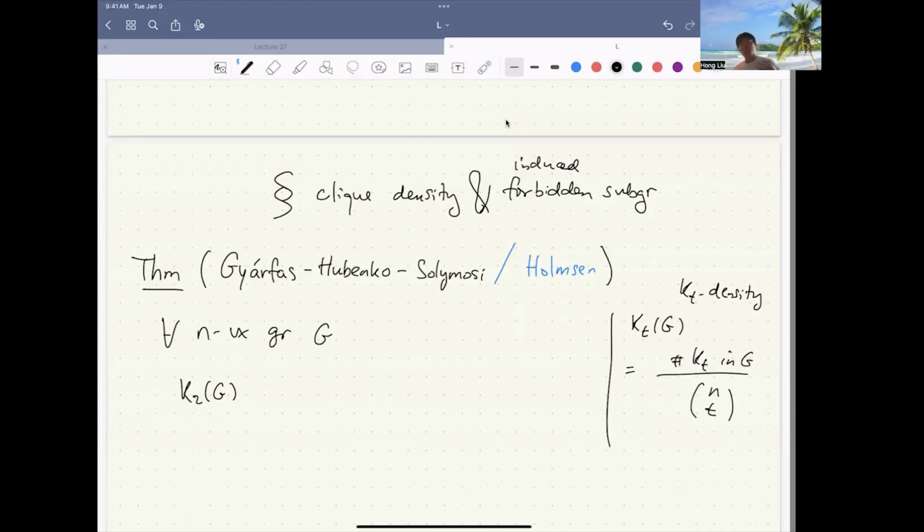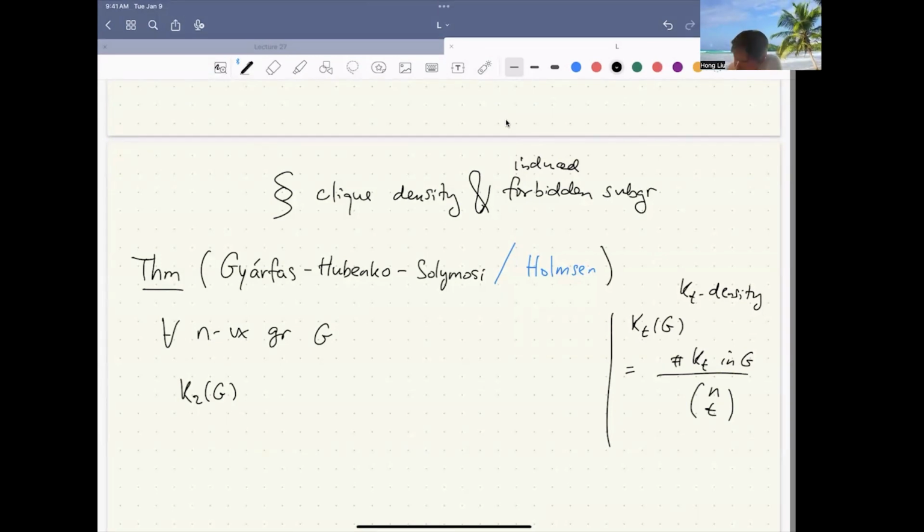The total maximum number of K_t is n choose t. So you normalize it by this factor, you get the density of K_t, which is the fraction of t-tuples that induce a copy of K_t in G.